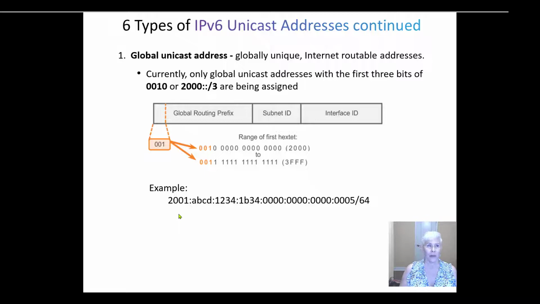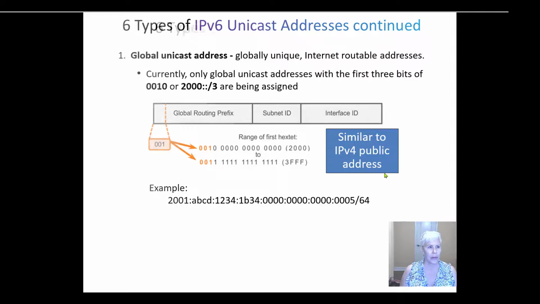One of the reasons we've gone to IPv6 addressing is because there are a gazillion of them. So even using the 2001, we've never used them all up. That's why we're continuing to see and use mostly the 2001. This would be similar to our IPv4 public address.